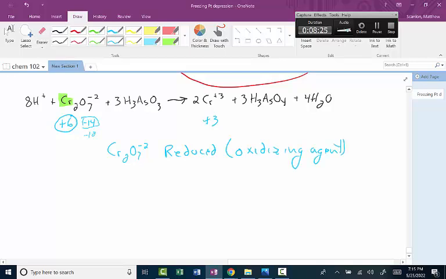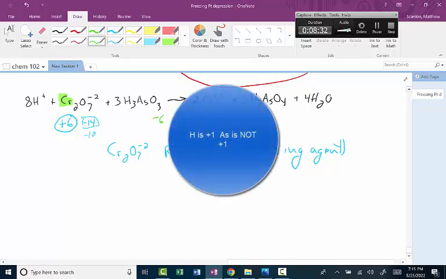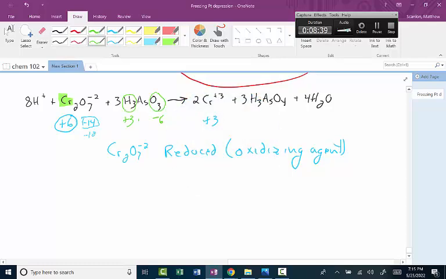And now we look at this. Oh, this is tricky. I've got oxygen is -2, that's -6. Hydrogen is +1. There's +3 on this side because there's 3 of them, and 3 of these. That makes the arsenic here, I'll put it in red, +3.